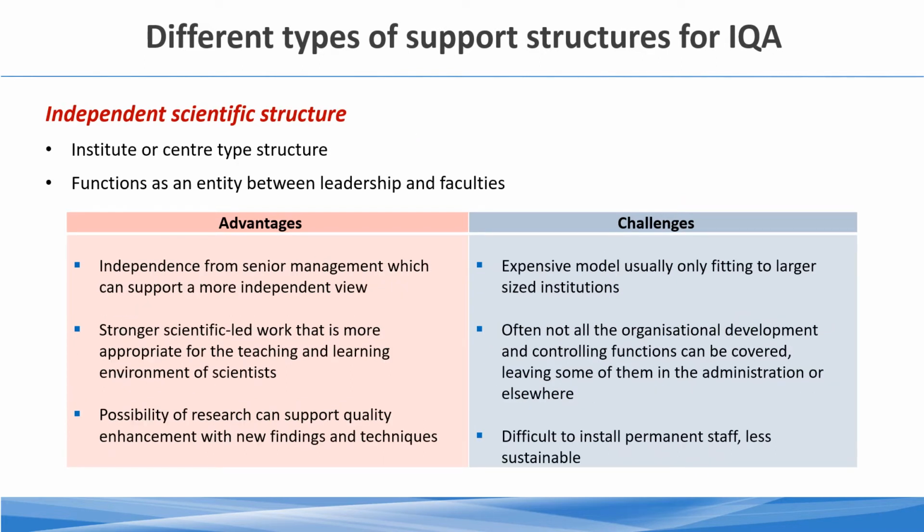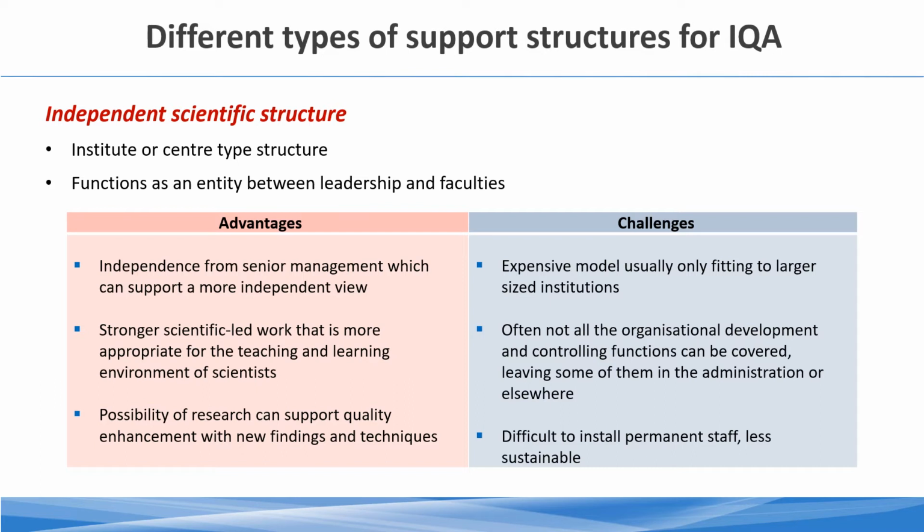Finally, the IQA function can also be carried out by an independent scientific structure, such as an institute or center, which functions as an entity between the leadership and the faculties. Its autonomous nature allows it to make independent assessments and credible recommendations based on research and evaluation.